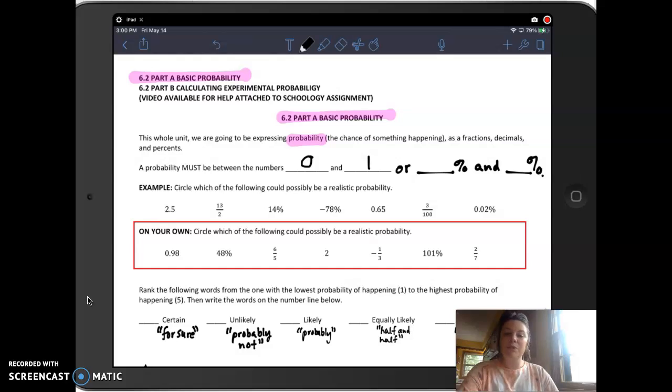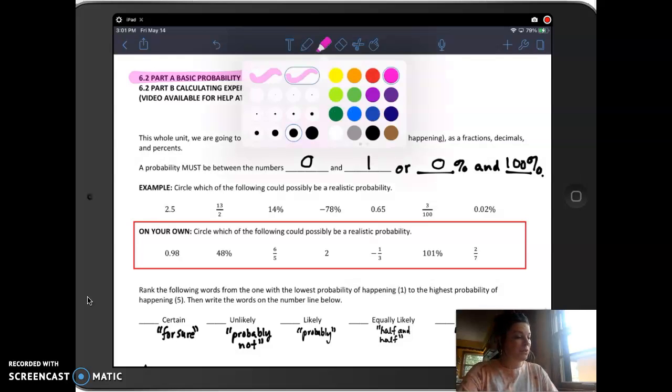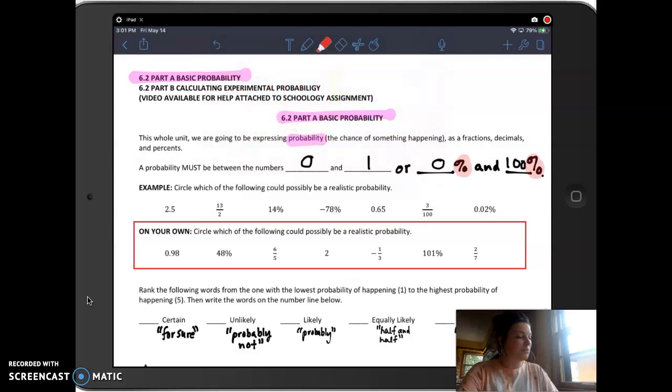However, when we use percentages, we use the numbers 0 to 100 to represent all possible probabilities. So it's either 0 to 1, or if you're looking at something that has a percent symbol, that's what we call this. This is a percent symbol. You are going to be between 0 and 100.